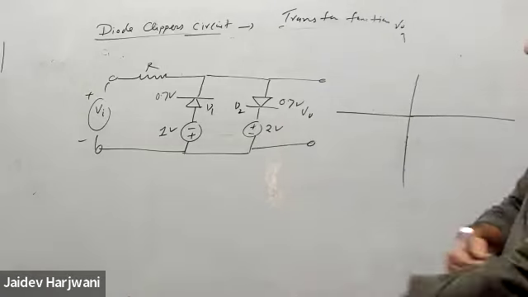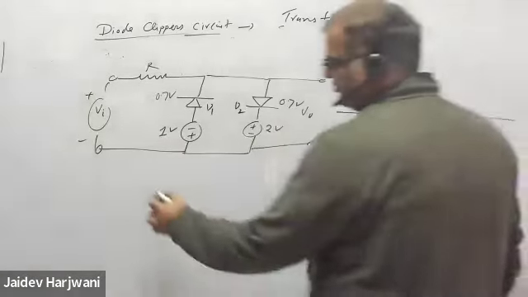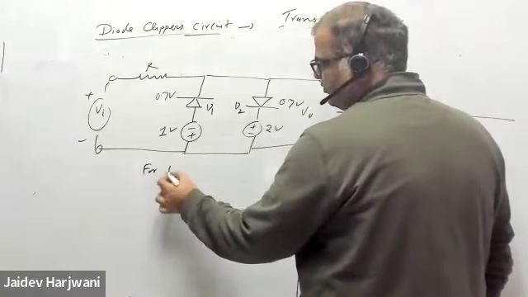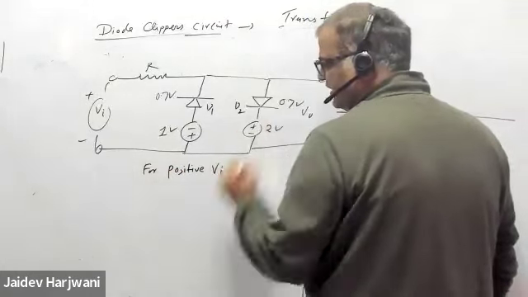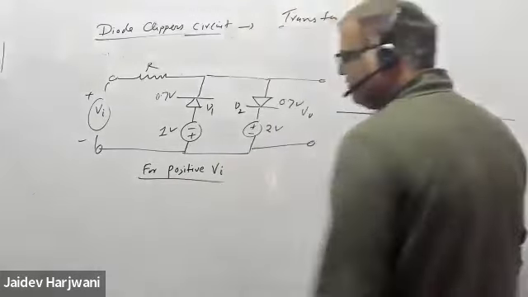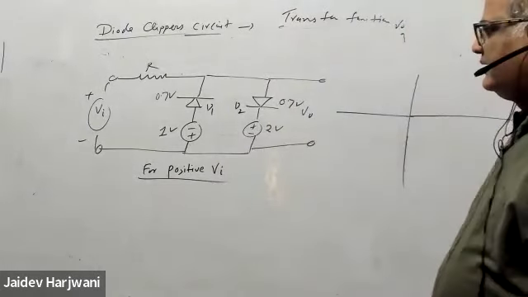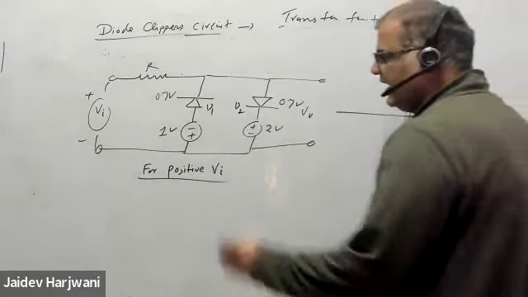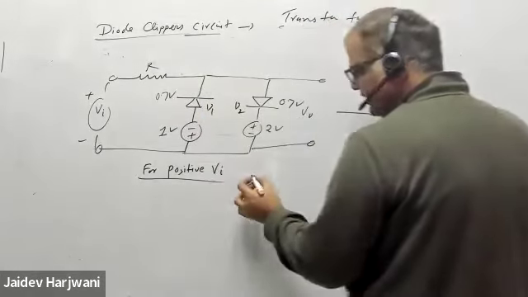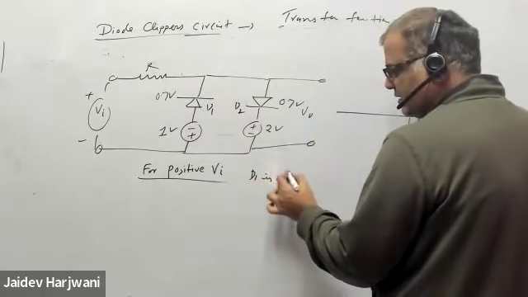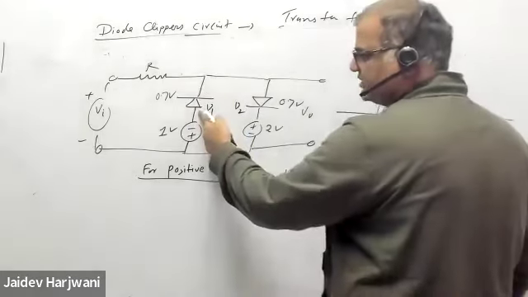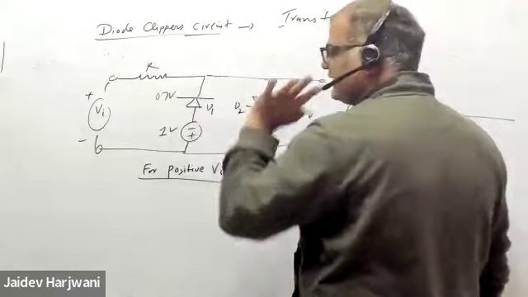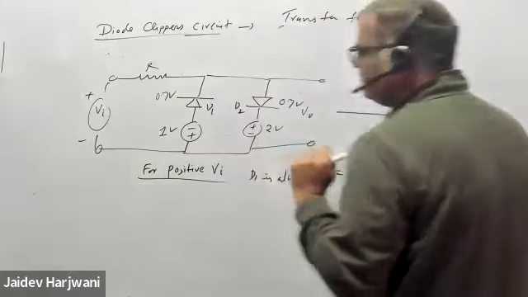So first we'll start with the positive cycle. What happens for positive V input? For positive V input, diode D1 is always off, because this is already reverse biased and we're putting more reverse bias.